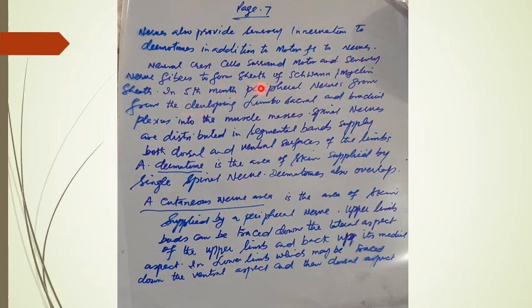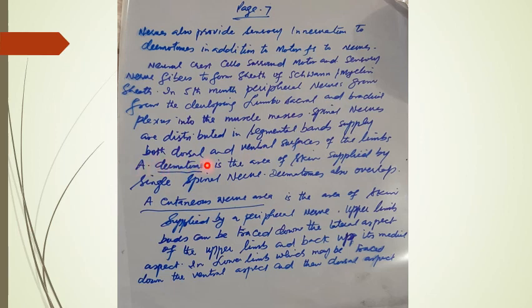In the fifth month, peripheral nerves grow from the developing limb, lumbosacral and brachial plexus, into the muscle masses. Spinal nerves are distributed in segmental bands which supply both the dorsal and ventral surfaces of the limbs.